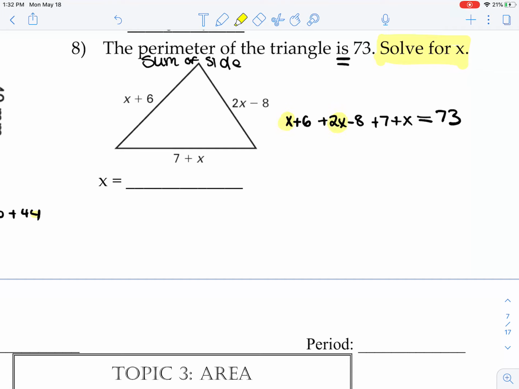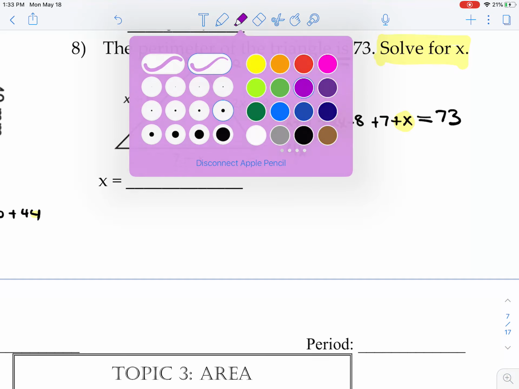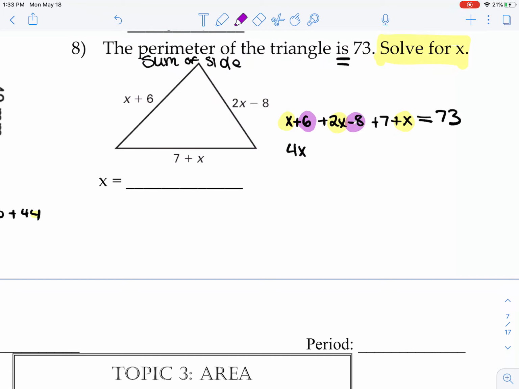So 1x plus 2x plus positive x, that is 4x's. Great. And then 6 minus 8 plus 7. So 6 minus 8, we know that that's negative 2. Negative 2 plus 7 is a positive 5. So we have 4x plus 5 equals 73.